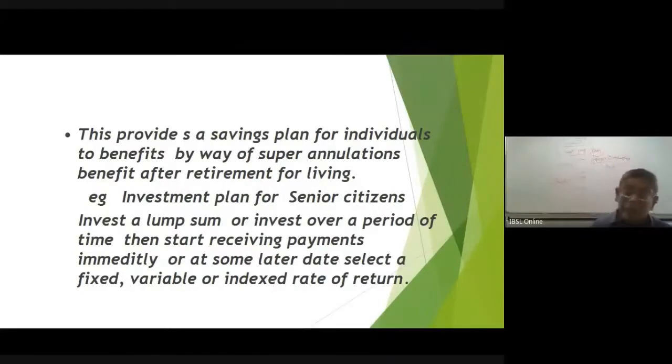But sometimes, apart from installment payments, you can put in lump sum money. For example, after your retirement you got some EPF, say 1 million or 2 million.